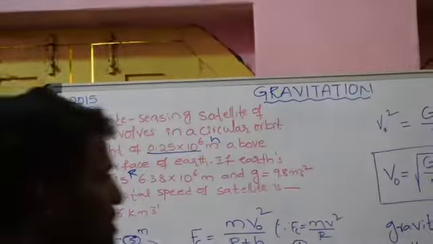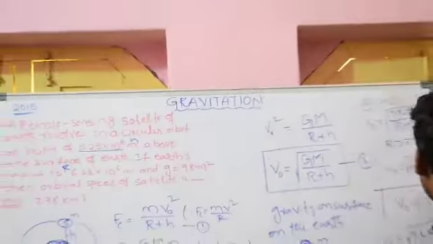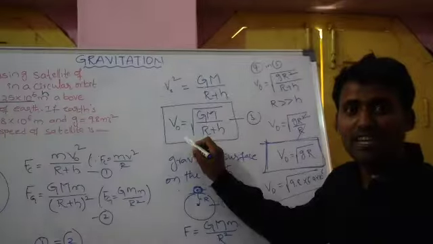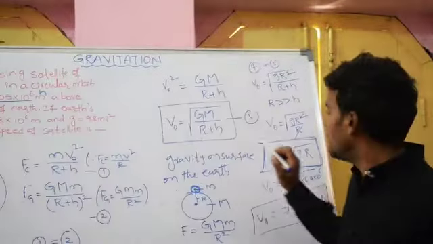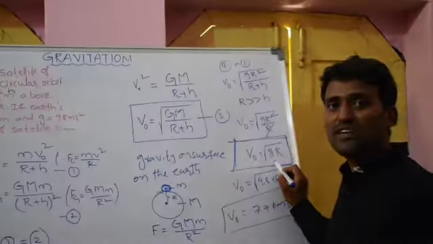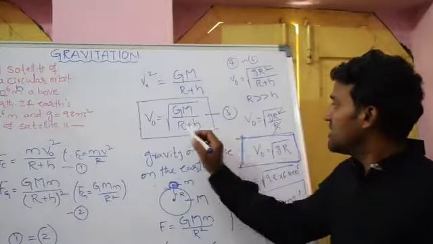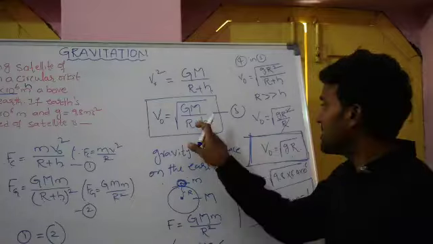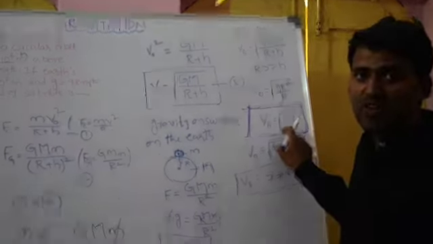Next, we have to solve this problem. For orbital velocity, we have two equations. One formula is in terms of the height, and one formula is in terms of the radius. See here, this is in terms of the height and this is in terms of the radius. In this equation height is not there.